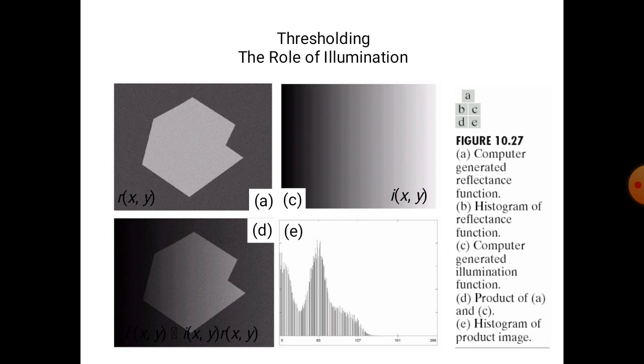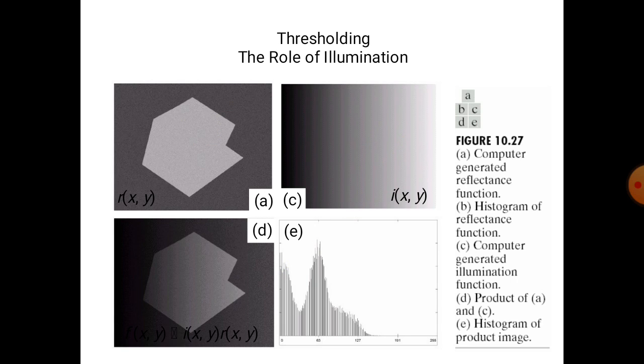Here is the role of illumination. This figure illustrates the effect that illumination can have on the histogram of an image. In this figure, A is a noisy image and D shows its histogram. This image is easily segmented with a single threshold.